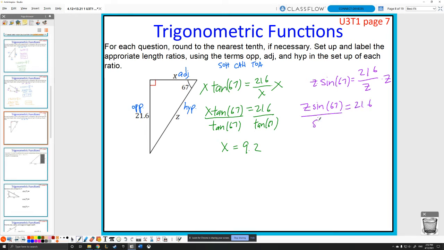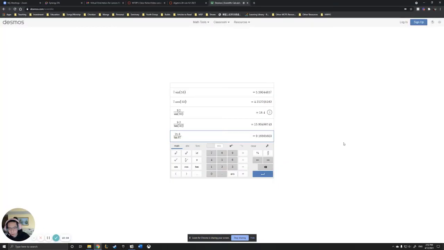Divide both sides by sine of 67. Z then is equal, wow, 21.6 over sine of 67, 23.5.